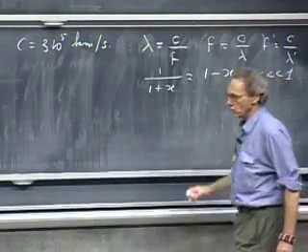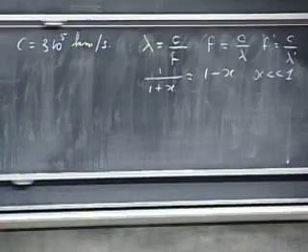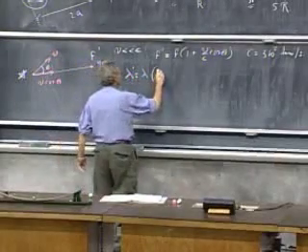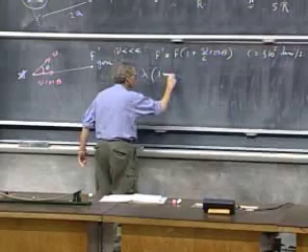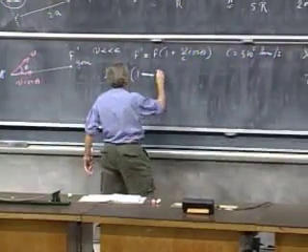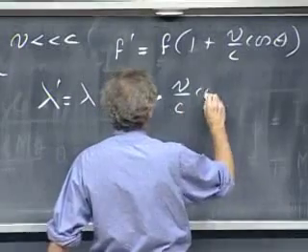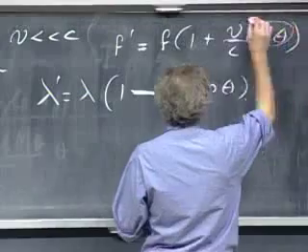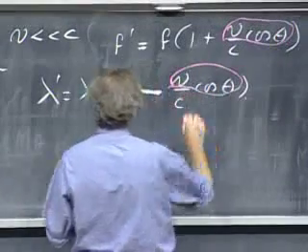This is the first order term in the Taylor expansion. Then you can find that now lambda prime becomes lambda times 1 minus, the plus changes to a minus sign for that reason, times v divided by c times cosine theta. Notice that here you have that radial velocity, and you have that here.